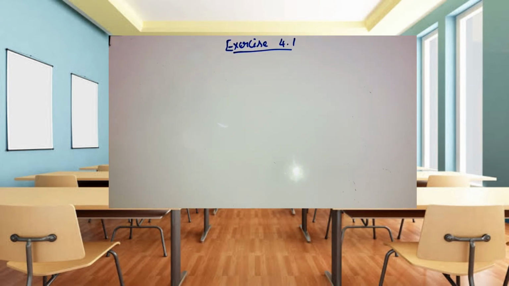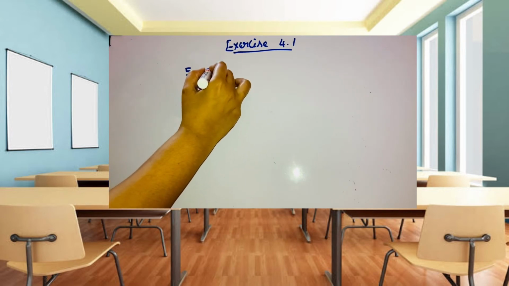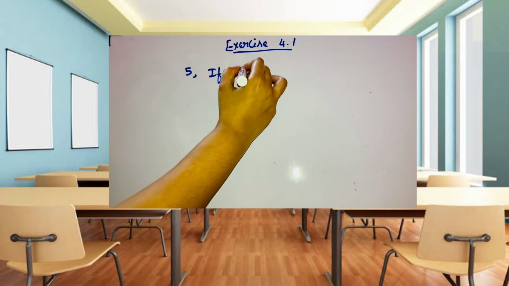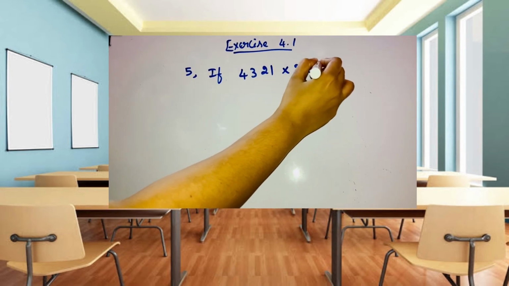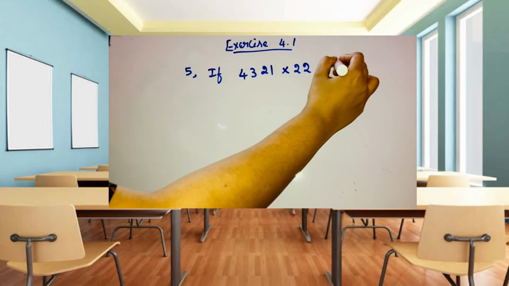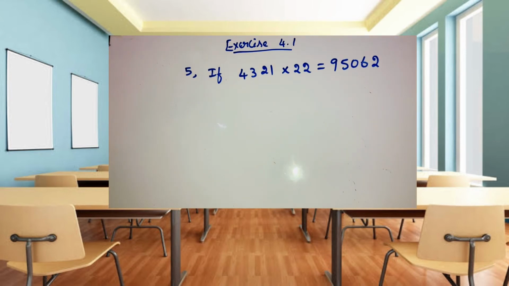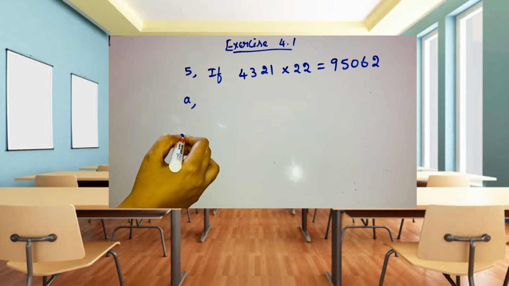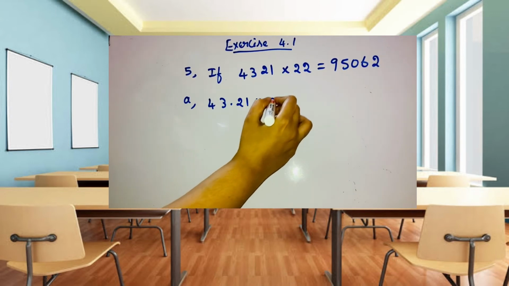Fifth sum is: if 4321 into 22 equals 95062, then fill in the blanks without actual calculation. So the fifth one is, if 4321 into 22 equals 95062, we need to find the values. First one is 43.21 into 22.